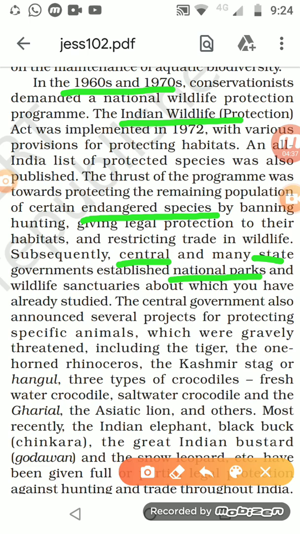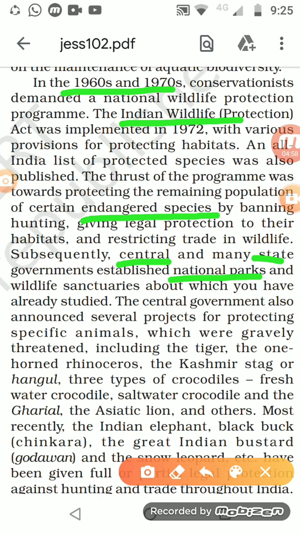Now the question is asked, how do we conserve the wildlife? Okay children, try to understand. A frequently asked question is that we conserve our natural resources and the wildlife by establishing national parks.